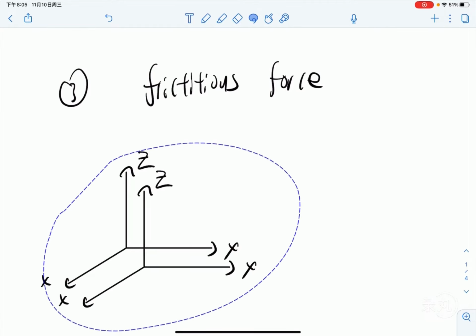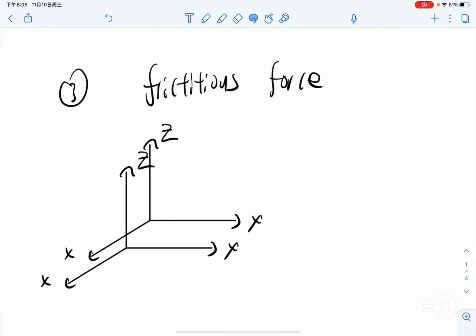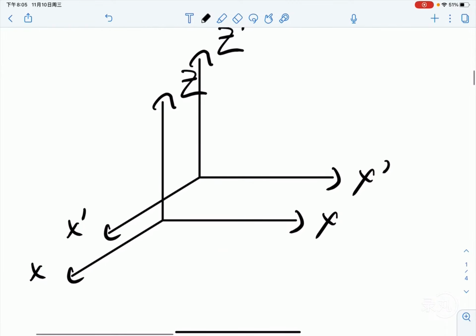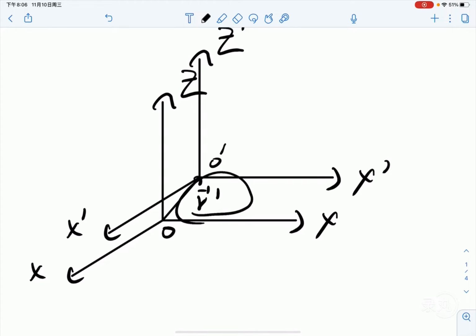And here is another system which has coordinate system x prime, y prime, z prime, kind of like that. So the relative displacement vector, I guess you can call it r1.